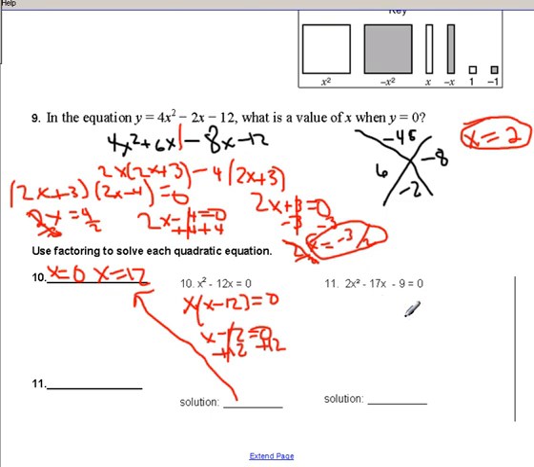Okay, number 11, X game. 2 times negative 9, A times C, negative 18. Down here, negative 17, so it looks like it's 1 and negative 18. So then you split this apart into 1x minus 18x.